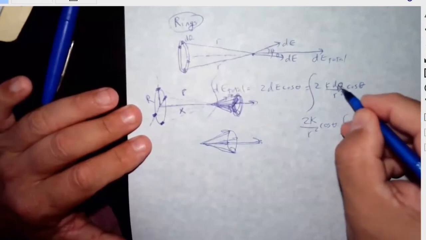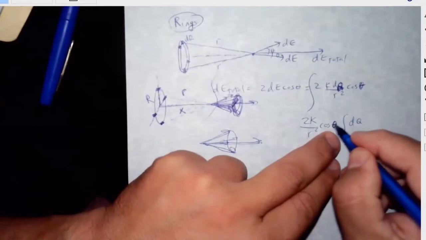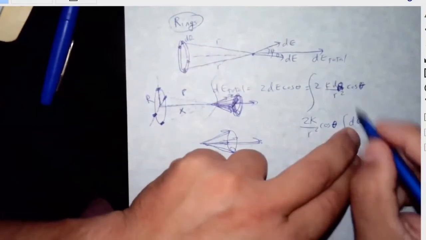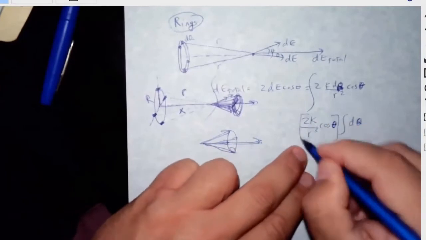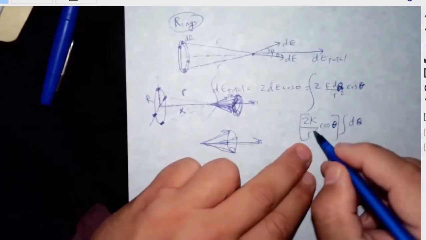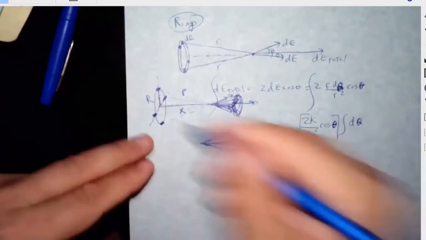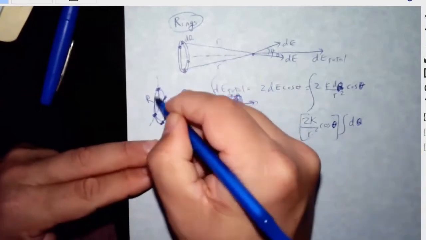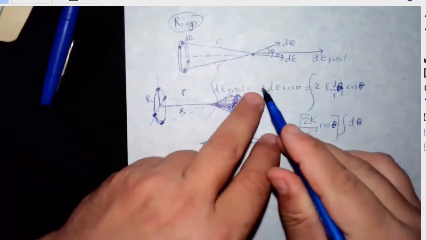This is q, and this is theta. It's not the same letter. Sometimes it confuses. This is theta, and this one here is q. Since theta is constant and r squared is constant, everything comes out. Then the integral of dq, you integrate over half the ring because you've already accounted for the other half by doubling.